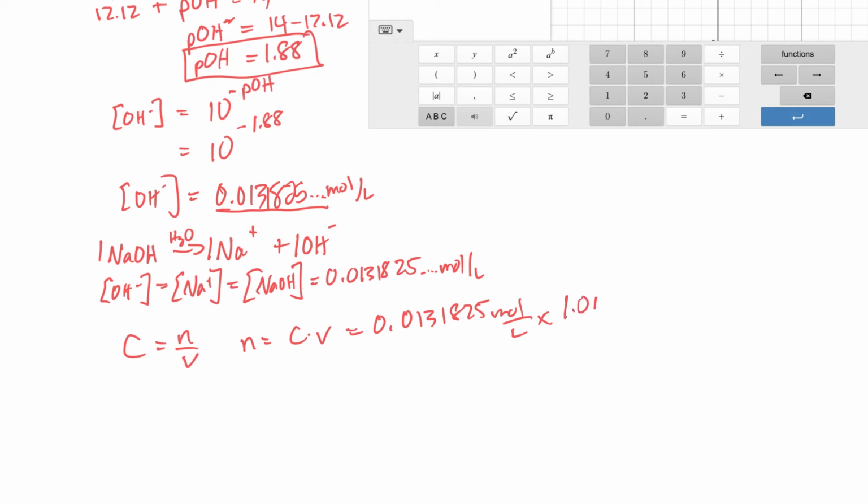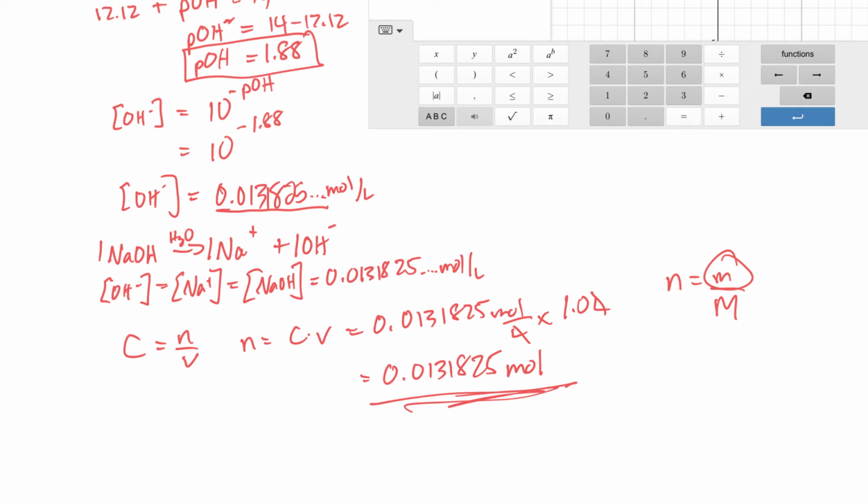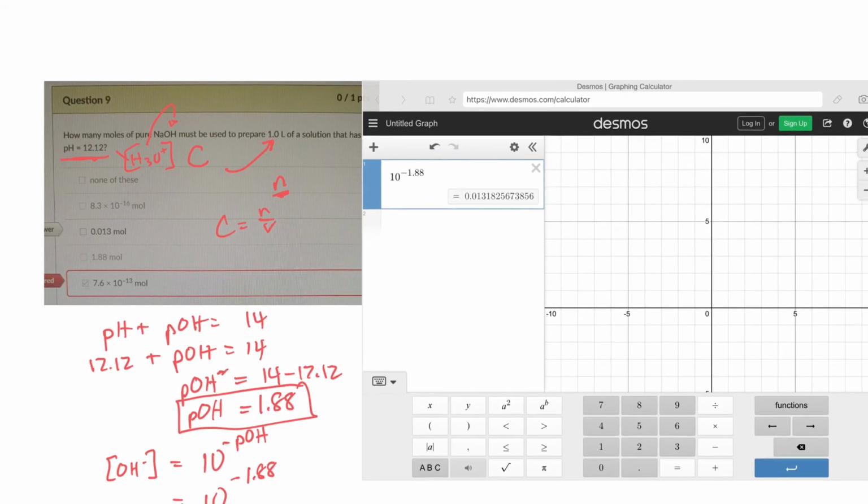Times 1.0 liter. Liters cancel. So your answer is 0.0131825 moles. A nicer question would have been, how many grams is that? Because then you'd have to do one more step. You'd have to figure out what the mass was, but I think they just wanted moles. Hopefully that's one of the answers. Yeah, right there.